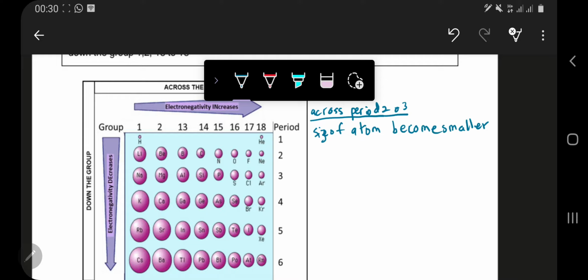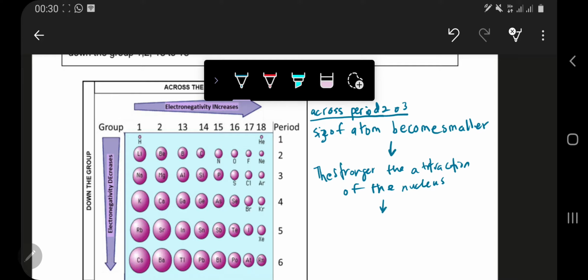Okay, so when the size of atom becomes smaller, the attraction of the nucleus is stronger, because the smaller the size, the stronger will be the attraction from the nucleus.